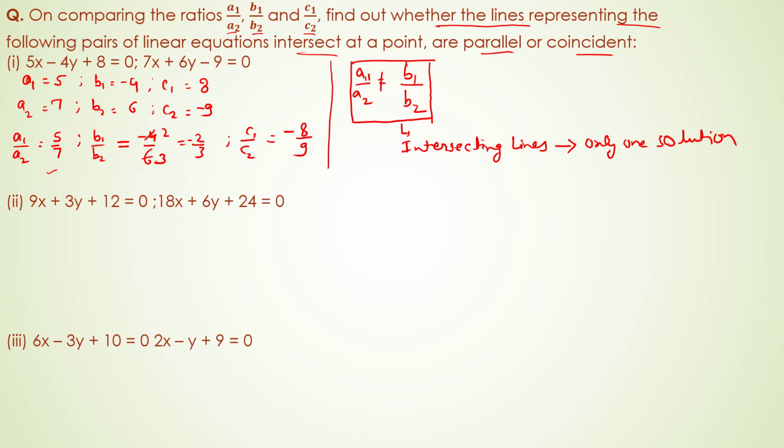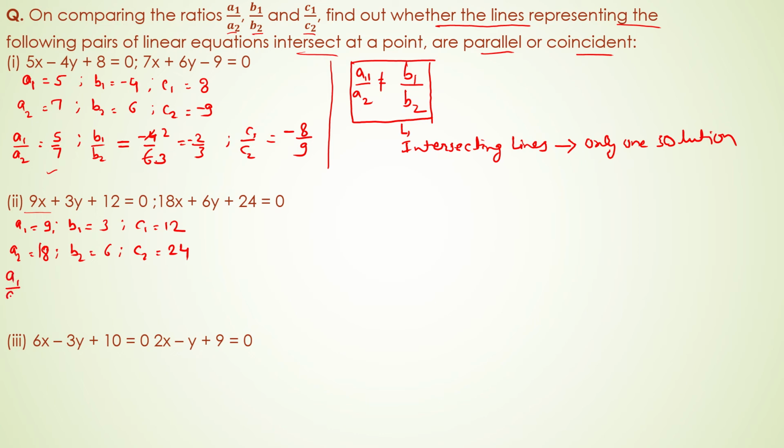Here, in the next problem, we have a1 as 9, b1 as 3, c1 is 12, a2 is 18, b2 is 6 and c2 is 24.